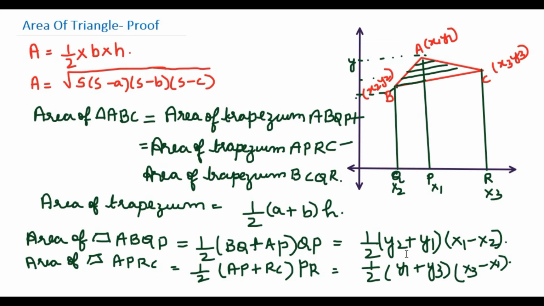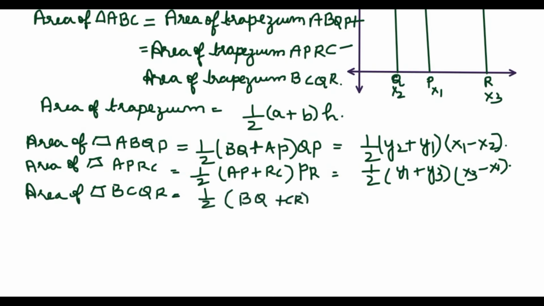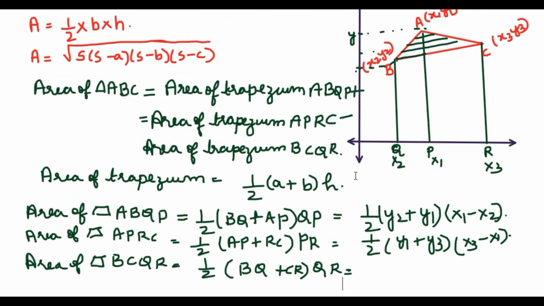Same way, area of trapezium BCQR, we can write area of trapezium BCQR is half into BQ plus CR is the parallel sides and QR is the height. So we can see here BC and QR, these are the parallel sides, and if you take the height, we can take the height as QR will be the height.